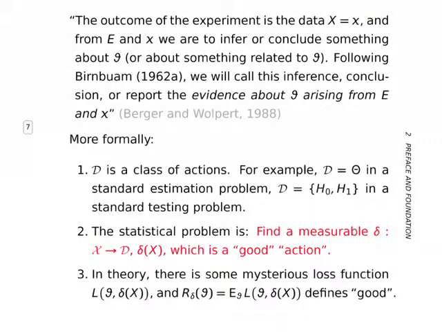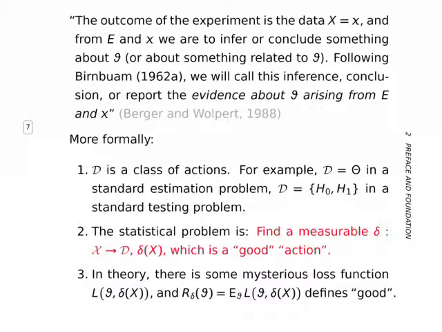Then we observe the data, and given the data and the definition of the experiment, we should conclude something, say something about theta. And we should report the evidence about theta arising from E and X.